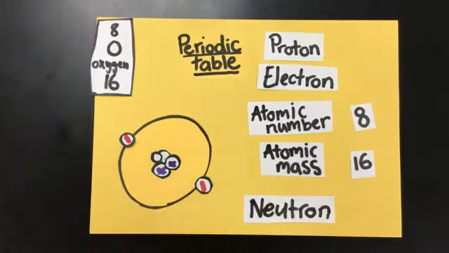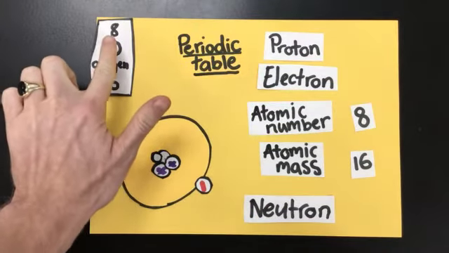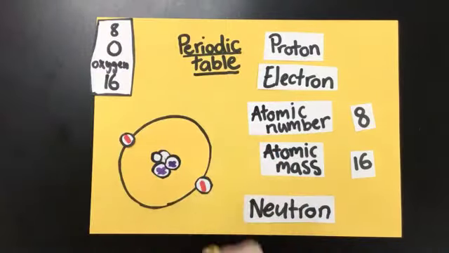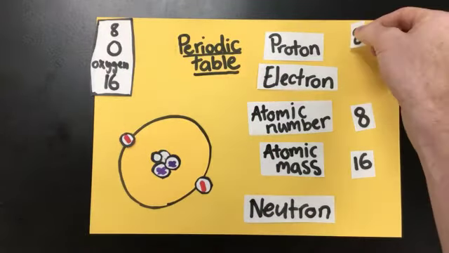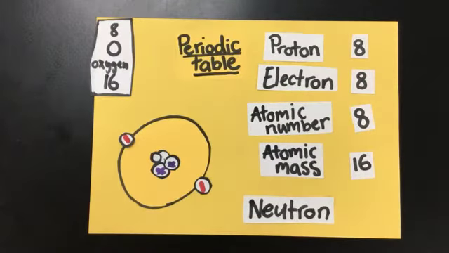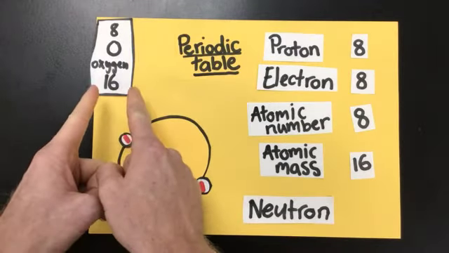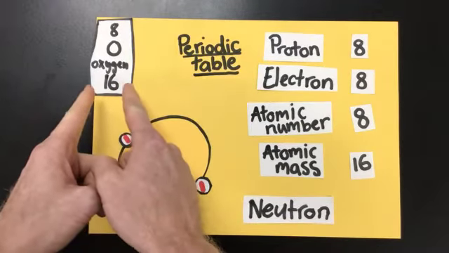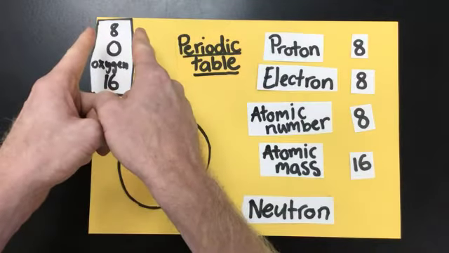The protons and electrons are the 2 that are playing on the field, which means I'm allowed 8 players on the field, so each of those teams will have 8 players on the field. So we'll see 8 for my protons, we'll see 8 for my electrons. And when it comes to working out my neutrons, it's the full team number minus the players on the field.